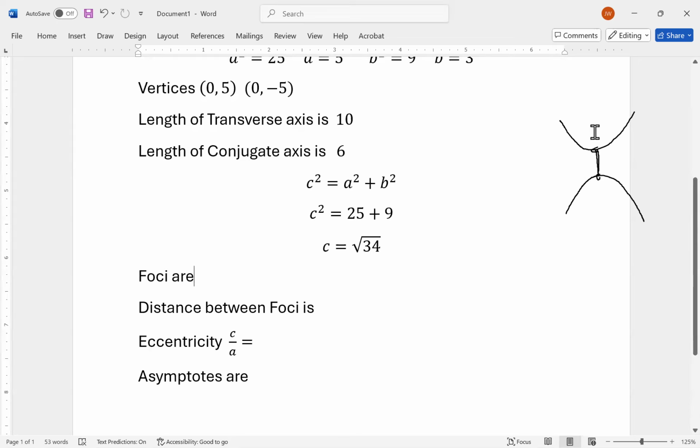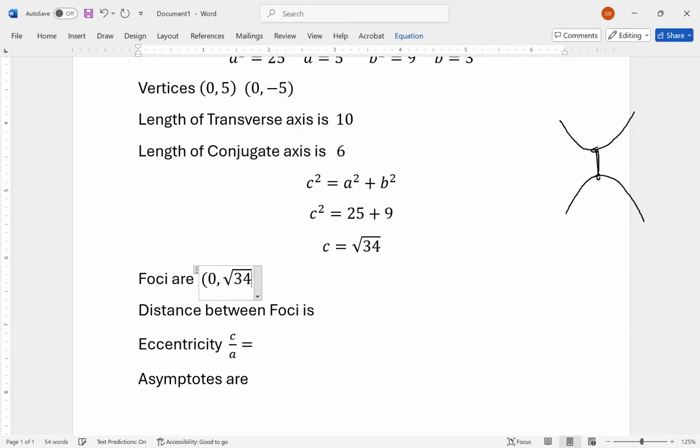Because we're pointing up and down, my foci are going to move vertically. So the foci are going to be at 0, comma, the square root of 34, and then also at 0, comma, the negative square root of 34.